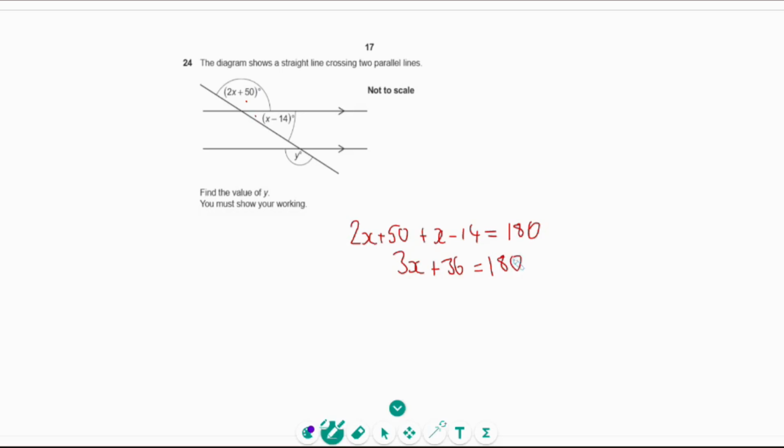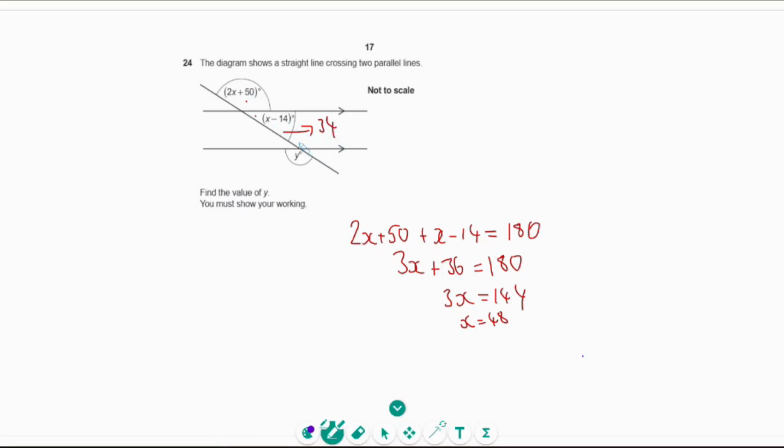Now if I solve this equation by minusing 36 off both sides, which gives us 3x is 144, divide both sides by 3 to give x is 48. For x is 48, this angle here is 48 minus 14, which is 34.